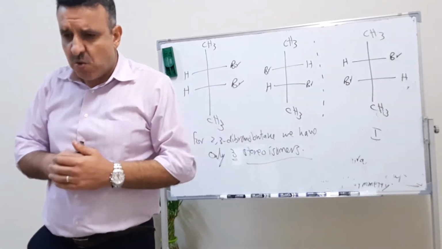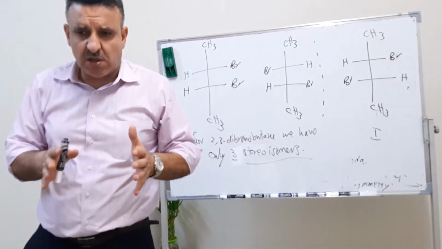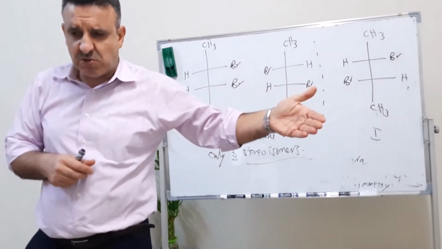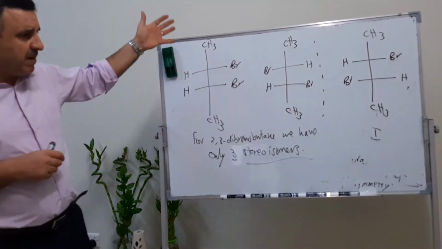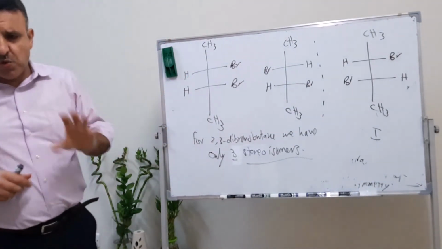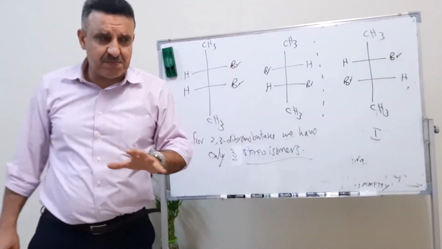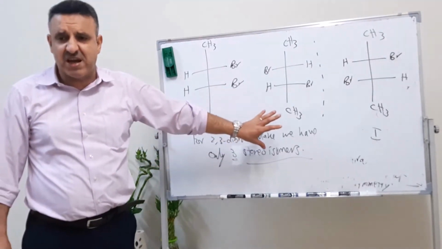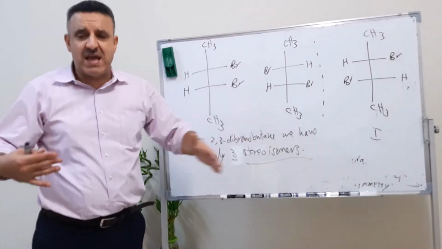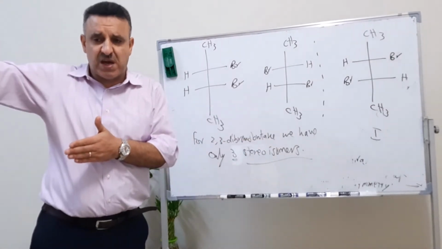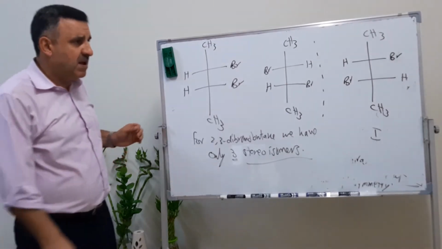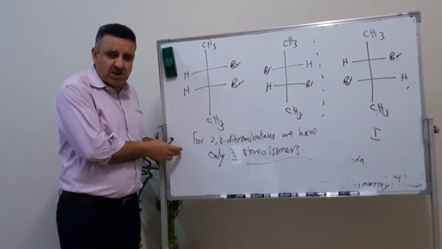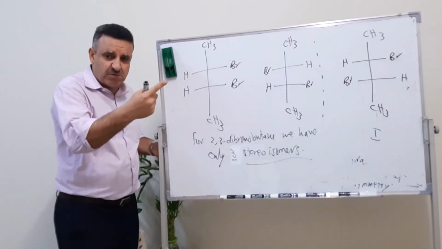In the previous lecture, we discussed an example which was called 2,3-dibromopentane. There is no plane of symmetry in 2,3-dibromopentane, but for 2,3-dibromobutane, we do have a plane of symmetry, and therefore the total number of stereoisomers possible for such a compound is lower than the maximum which we are expecting, because if you remember at the beginning of this lecture we said the maximum number of stereoisomers is 2 to the power 2, which equals 4.